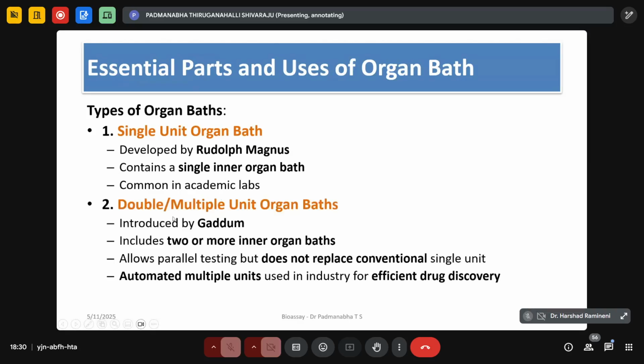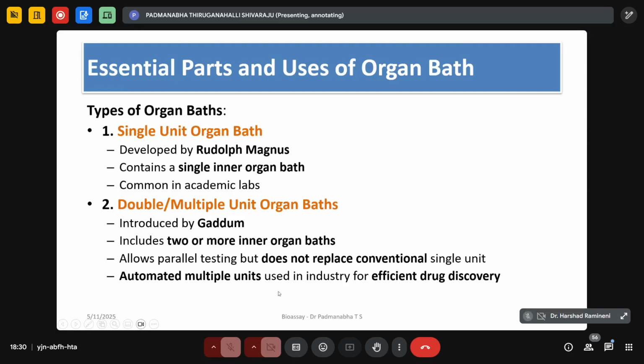The other type of organ bath is the double or multiple unit organ bath, which was introduced by the scientist Gaddum. Here you will have two or more inner organ baths, so simultaneously or in parallel you can test many tissues.